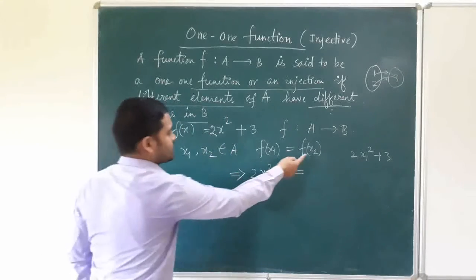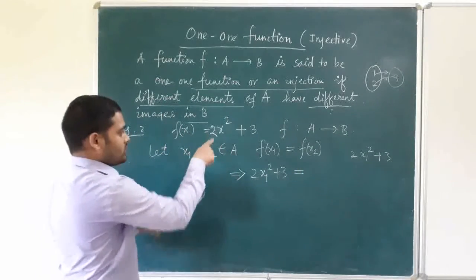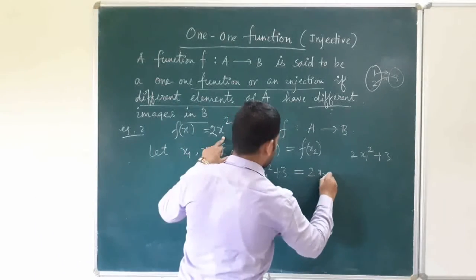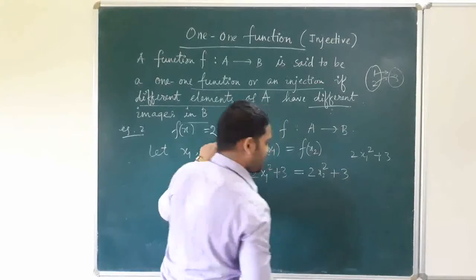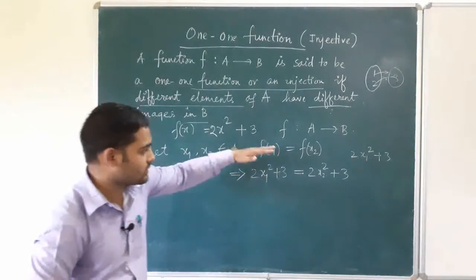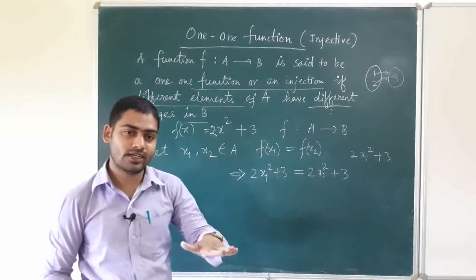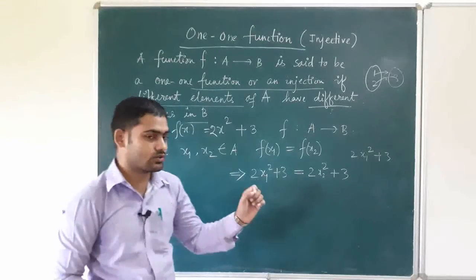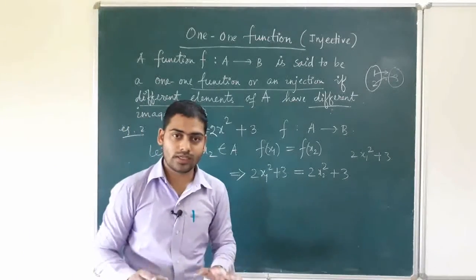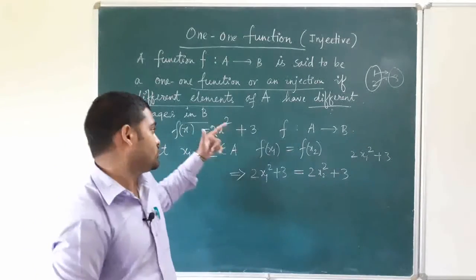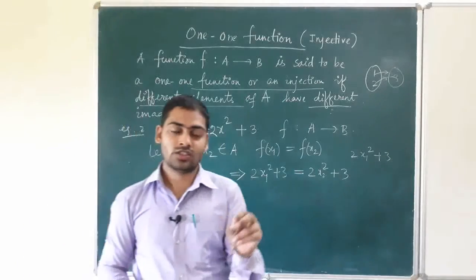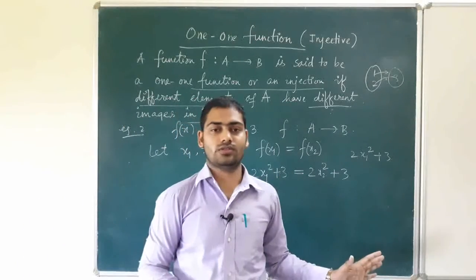If you put x2 in this function, then you get 2x2 square plus 3. Now we simplify it. If we get x1 is equal to x2, then we can say this function is 1-1 function.